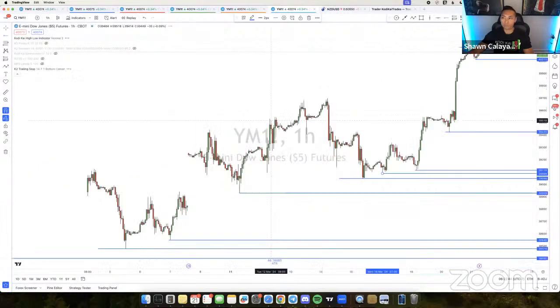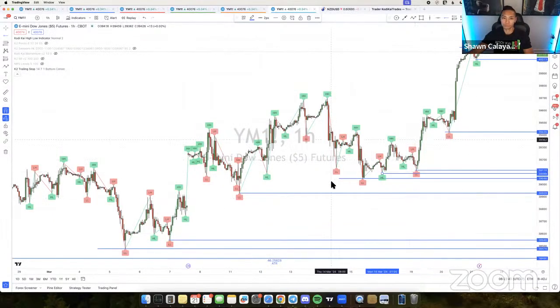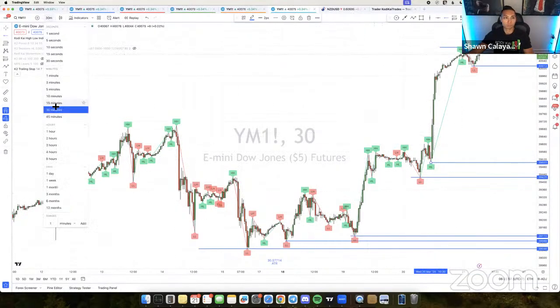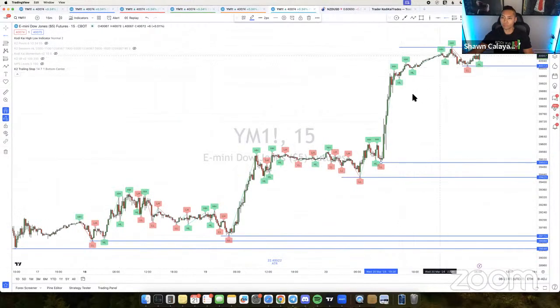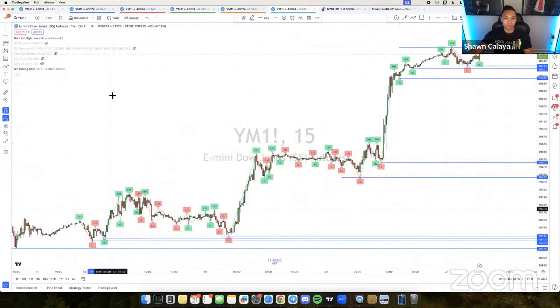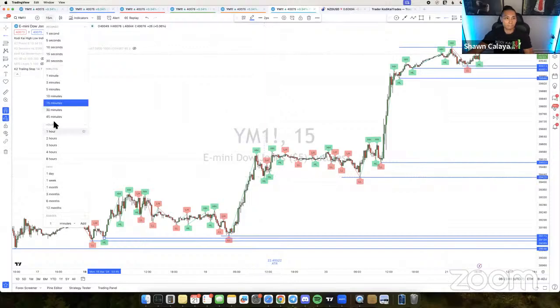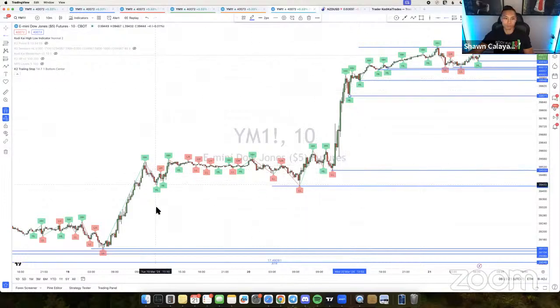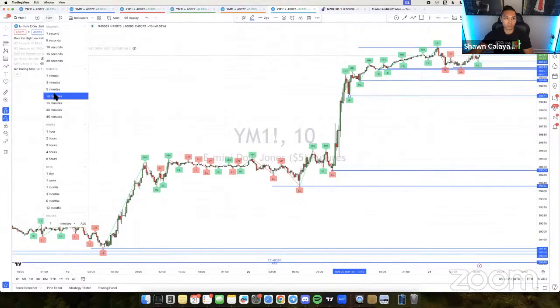Down to the 1-hour time frame. Down to the 30-minute time frame. Down to the 15-minute. Down to the 10-minute. And it looks like we're good to go.